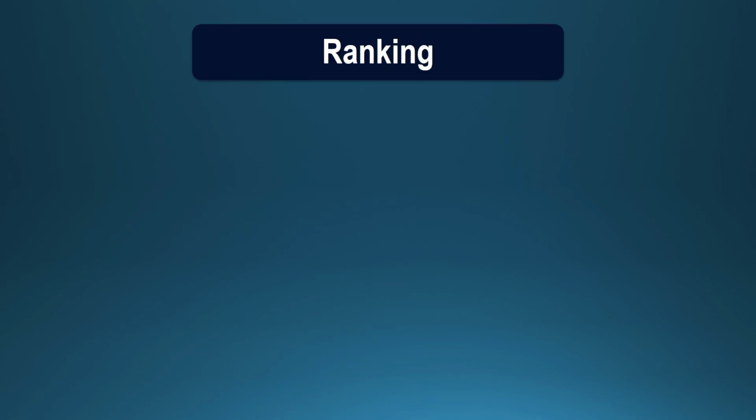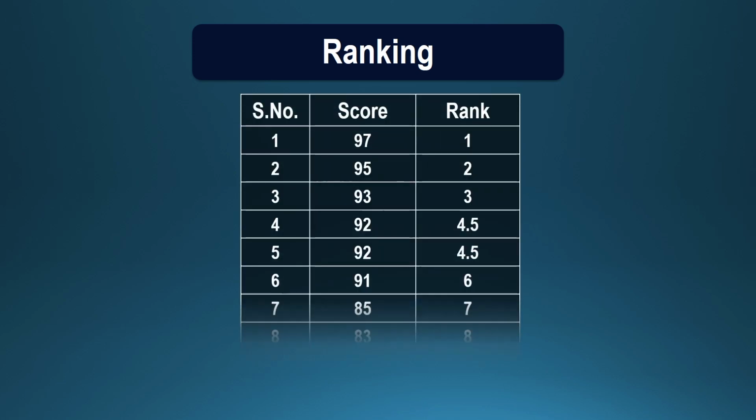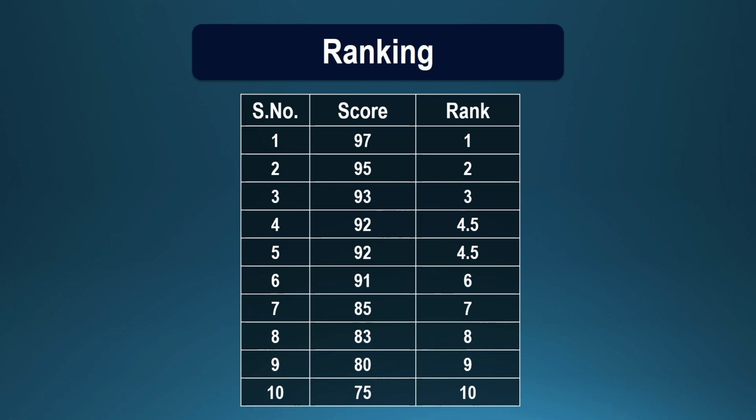Ranking simply refers to ranking the data set on the basis of certain criteria. For example, if you have 10 students for whom you have collected the data and you have their scores on the achievement test, the student who has achieved the highest score is given rank 1, and the student who has got the lowest score in the class is assigned a rank of 10.